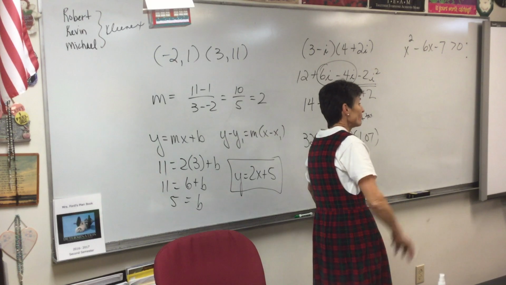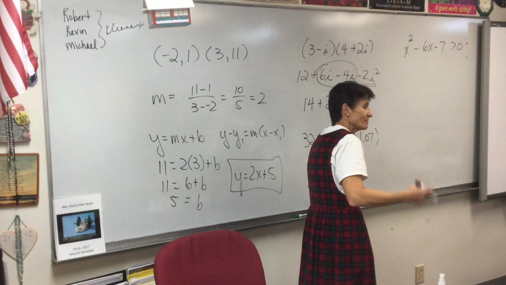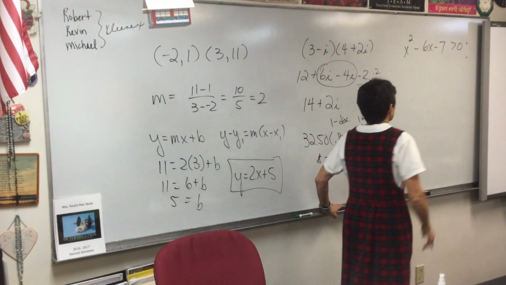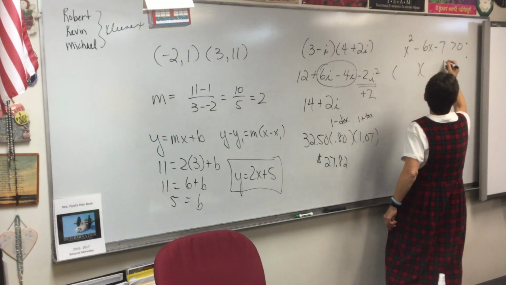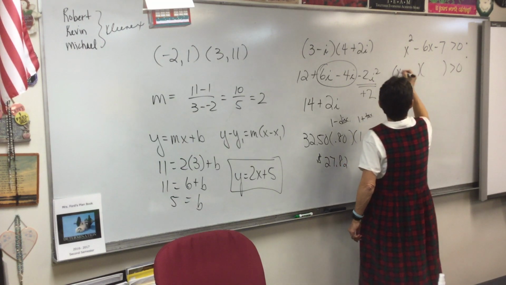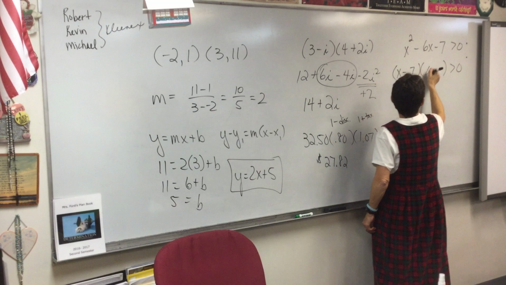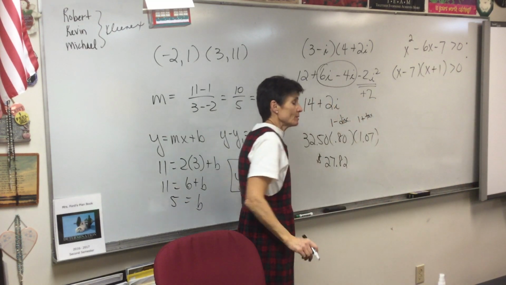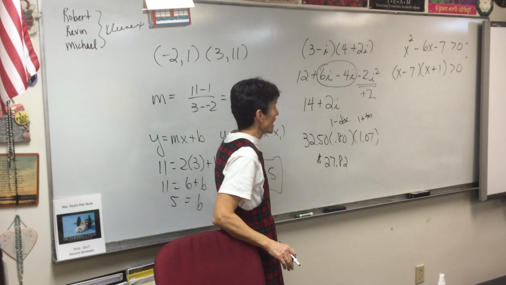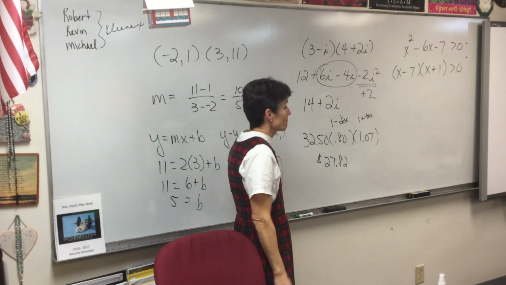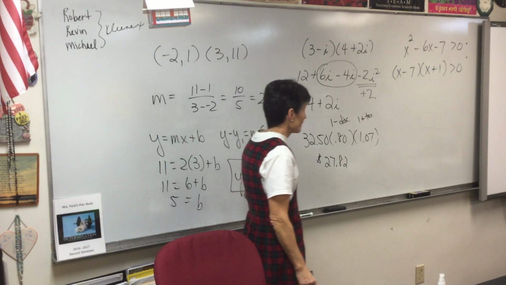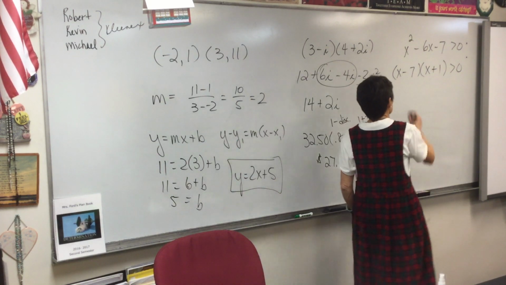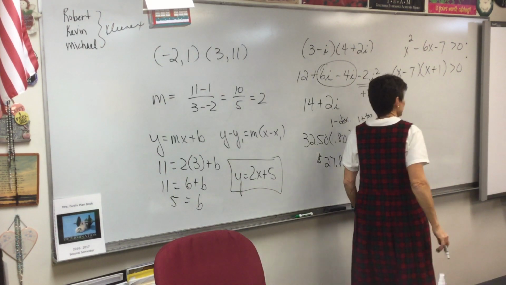When you guys see stuff like that, you should have an urge to factor it. Yes, it does factor. It's x minus 7, x plus 1. Remember, some of us are terrible factorers. If you're going to factor, which we need to do, FOIL it back and make sure you haven't made a mistake.